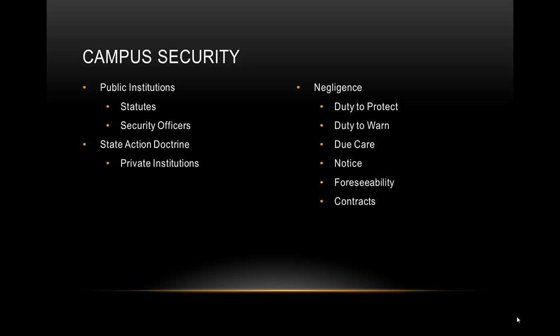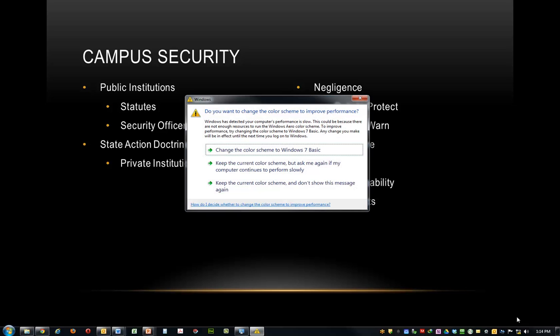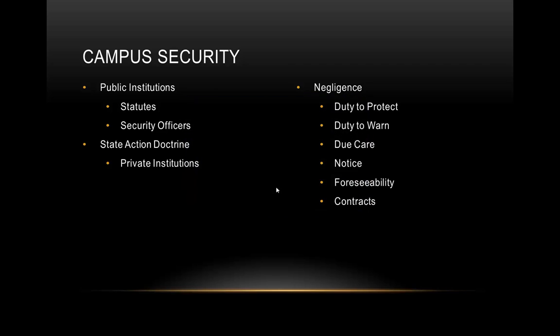Now, due care is when an institution or an individual is able to exercise care in a particular situation by looking out for the safety of others. So in other words, if a reasonable person, man or woman, can foresee some type of danger and somebody doesn't take action as a reasonable person would, then they can have a negligent situation on their hands.